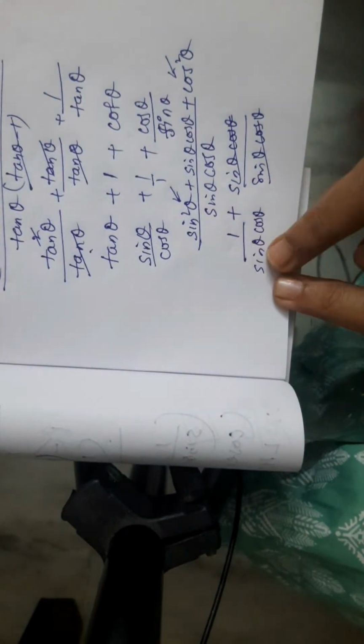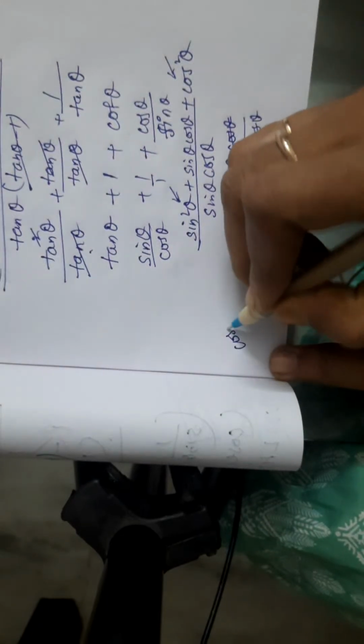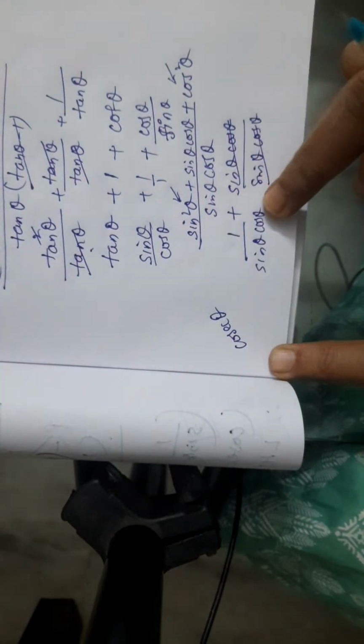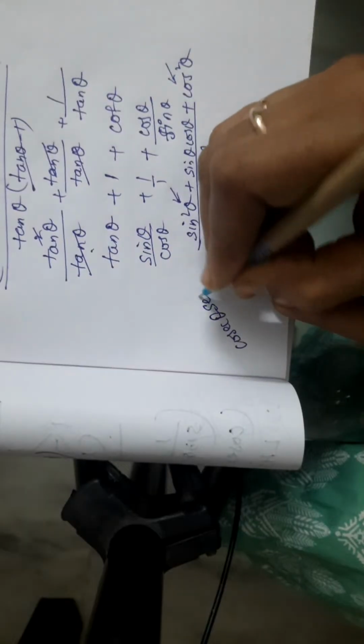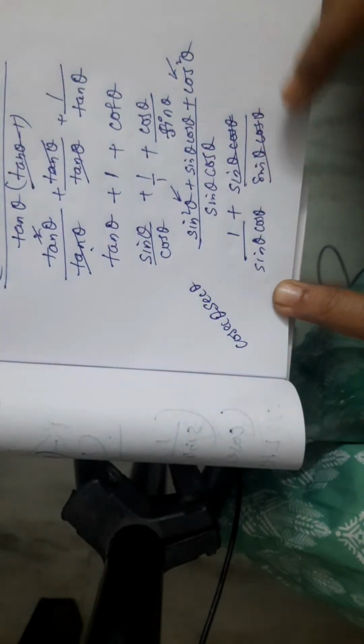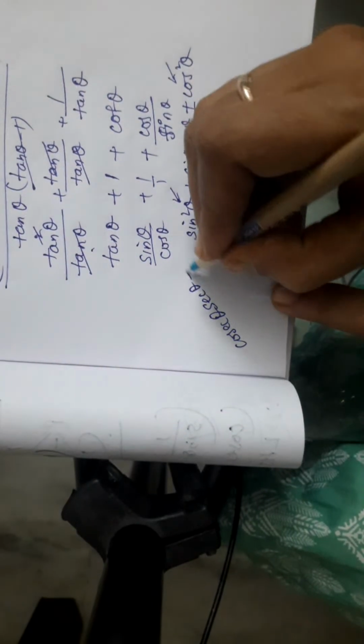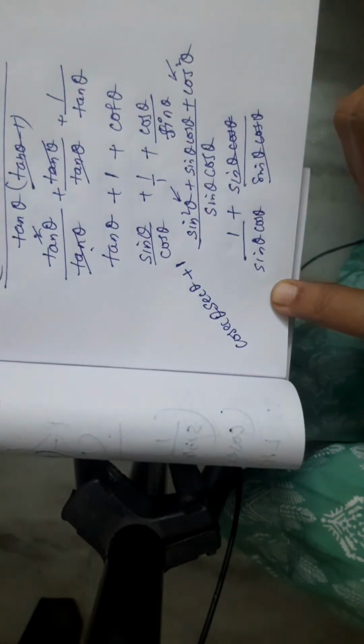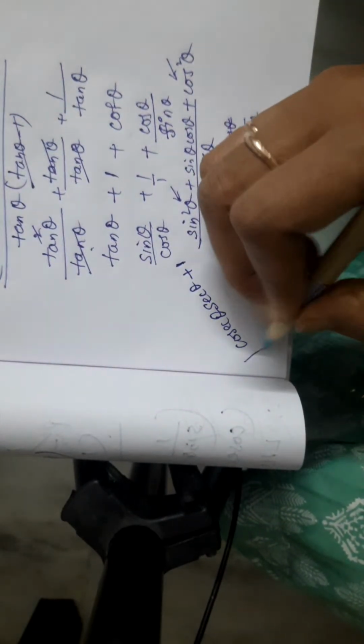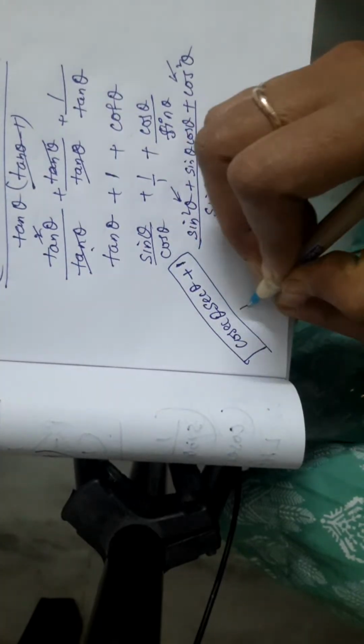So we can replace 1 upon sine with cosec, 1 upon cos with sec, and here 1 is there, plus 1. So here this only we need to prove. So this we got our RHS.